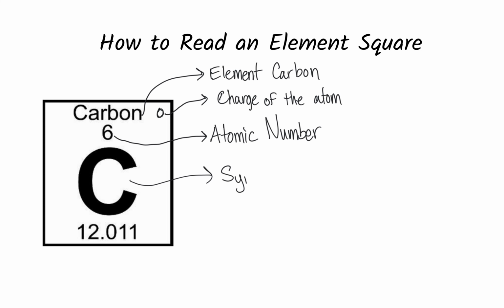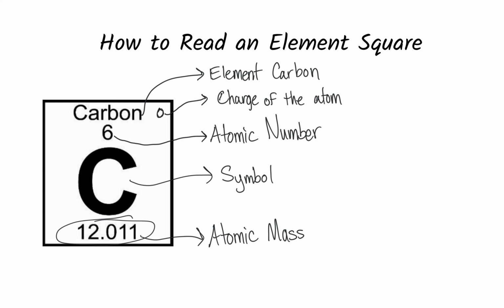We have the element symbol. And then finally, the larger of the two numbers is the atomic mass. And the atomic mass is the combination of protons and neutrons in an element. So if you had 6 protons and 6 neutrons, you'd have an atomic mass of 12.